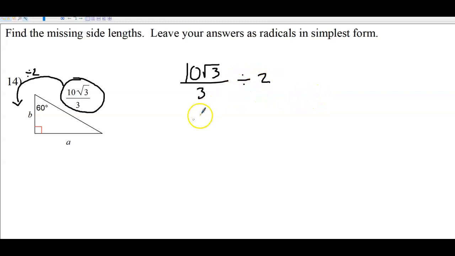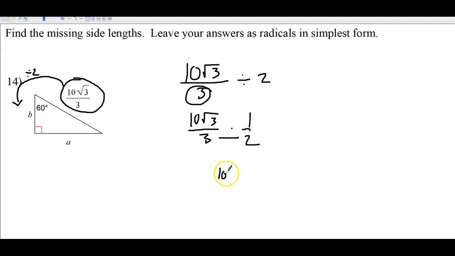Well, you're going to do same, change, flip. That 2 turned out really weird. And so basically when you're dividing by 2, what you're going to end up doing is just multiplying the bottom by 2, as you can see.